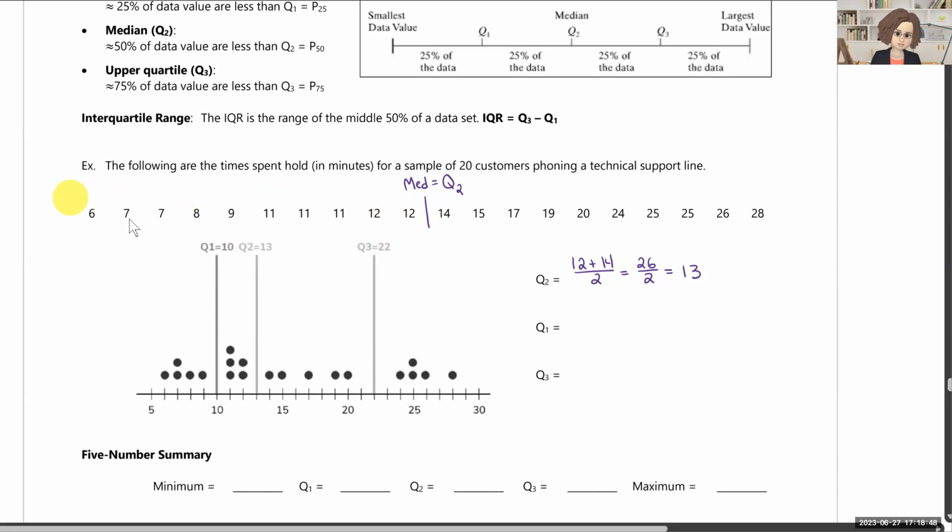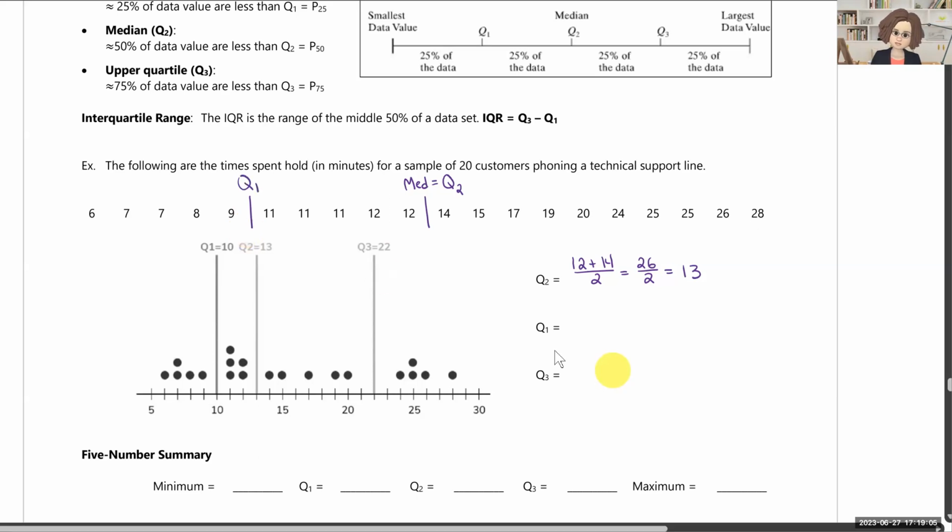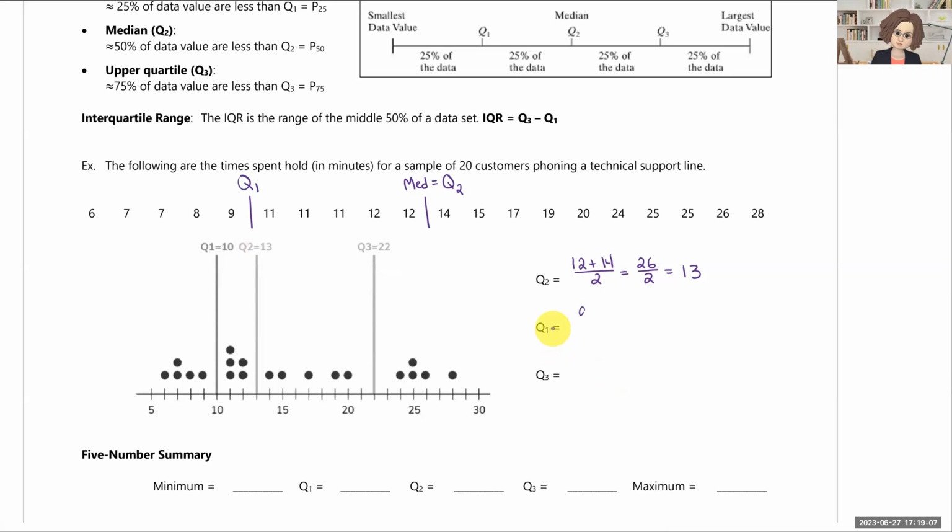I've got 10 values, so if I count over 1, 2, 3, 4, 5, the middle of that list will be our Q1, and that's between 9 and 11. I'll do the math over here. We're just averaging the 2 middle numbers. That will be 20 divided by 2, or 10.